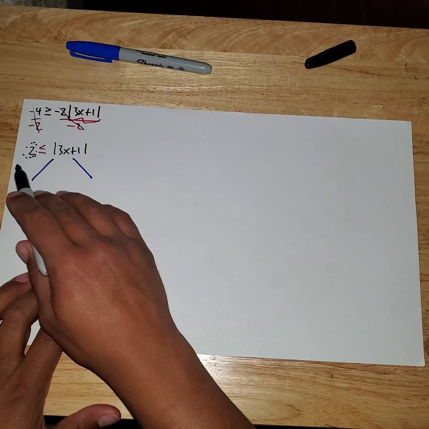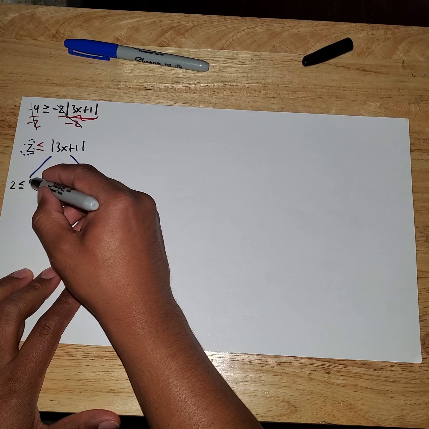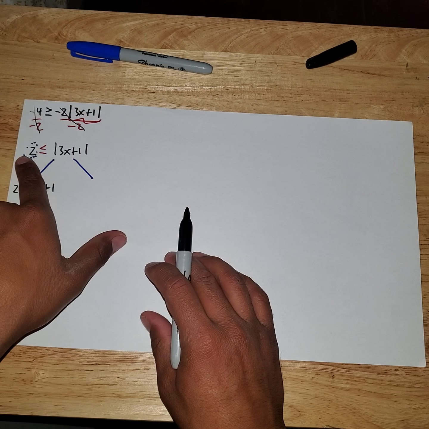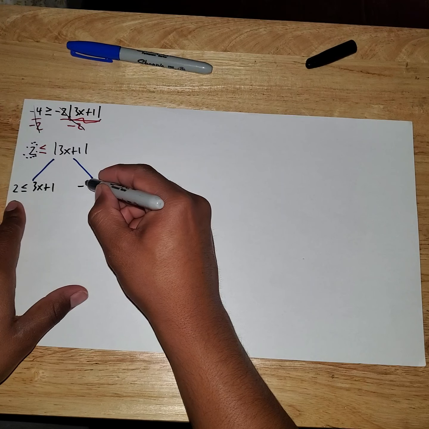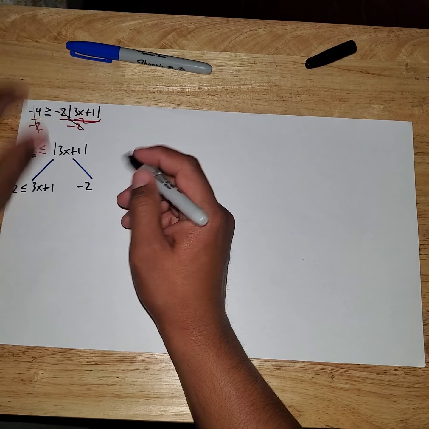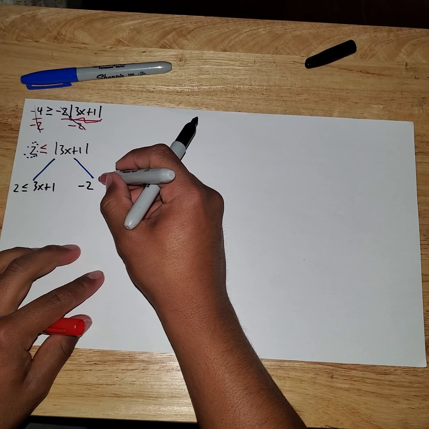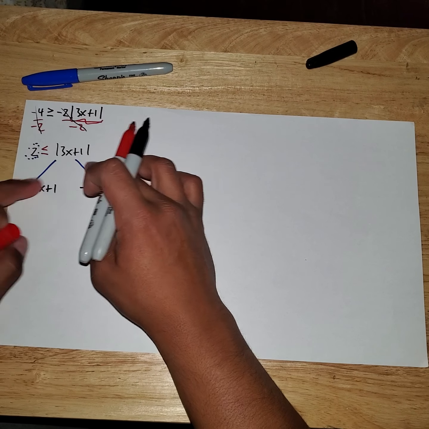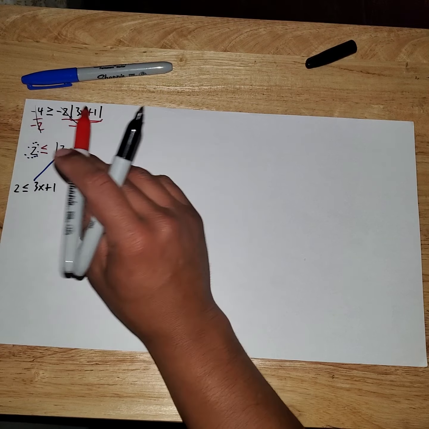Everything is still the same. You're going to have 2 less than or equal to 3x plus 1. Remember, 1's always exactly the same way this is written. The next one is where you switch the sign of your number. That means you're going to switch the inequality again. That's just because we're making 2. That's why we're switching the inequality. This was because you were dividing by a negative.